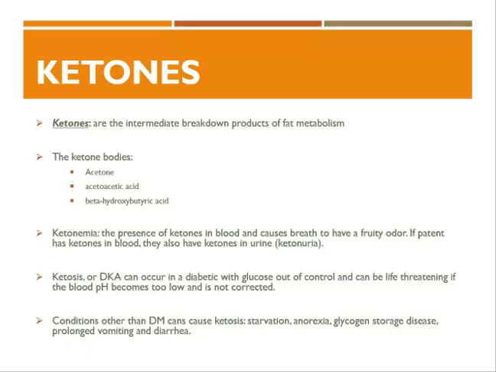We've talked about ketosis or diabetic ketoacidosis earlier on, that can occur in a diabetic where glucose is out of control, and it can be life-threatening if the blood pH becomes too low, and especially if it's not corrected. Conditions other than diabetes mellitus that can cause ketosis include starvation, anorexia, glycogen storage diseases, and prolonged vomiting and diarrhea.